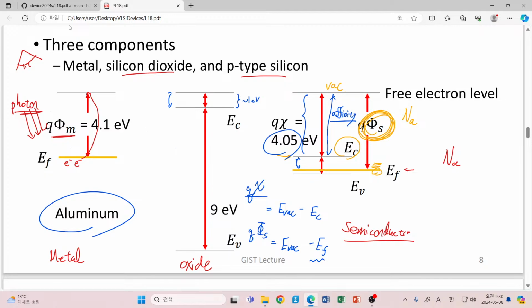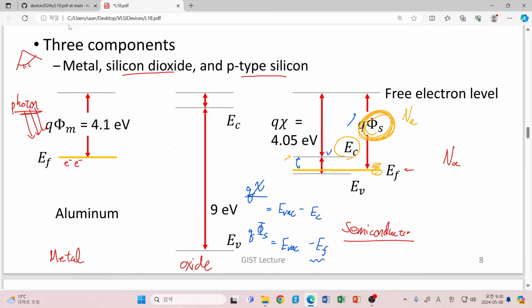So now let's think about the case where we eventually attach these two materials. Then we have to ask ourselves about the continuity of each band parameter. So think about this one. I think this is an important understanding. Here we have introduced many different quantities.